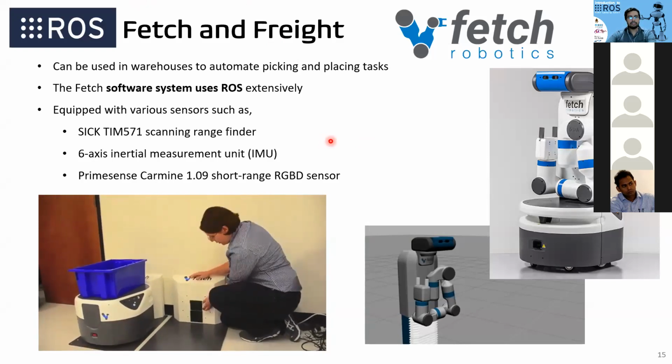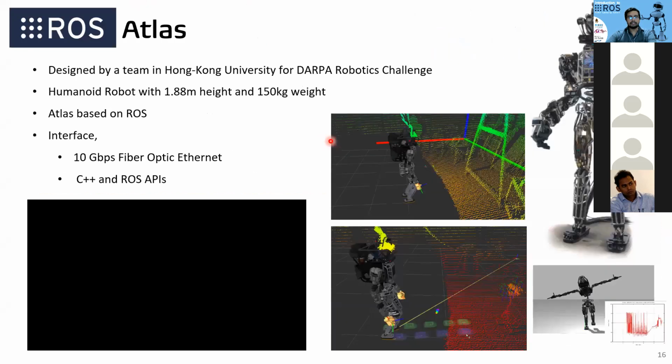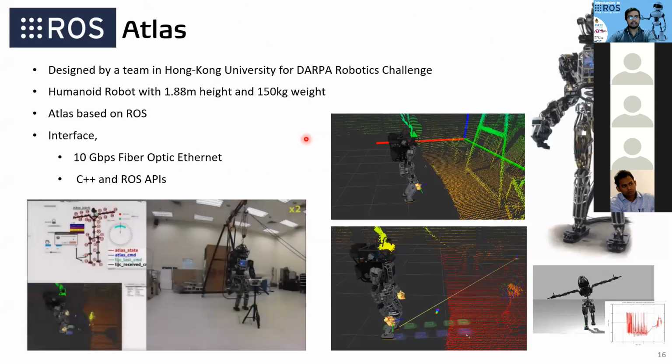So let's move on to our next robot, and this is a very interesting, very exciting and extremely advanced project as well. It's a bipedal humanoid called Atlas, and it was developed for the DARPA Robotics Challenge. It's almost as tall as a human, and it's much heavier than an average human as well.